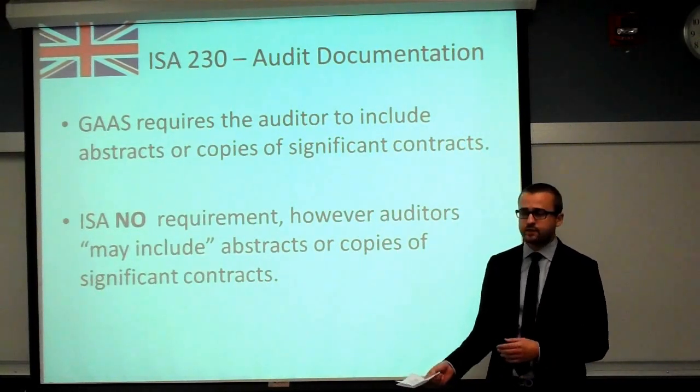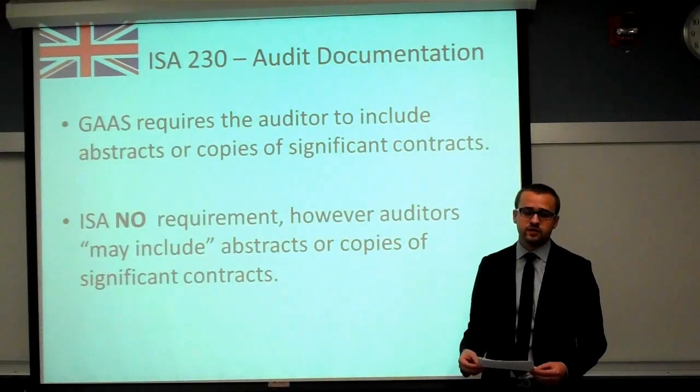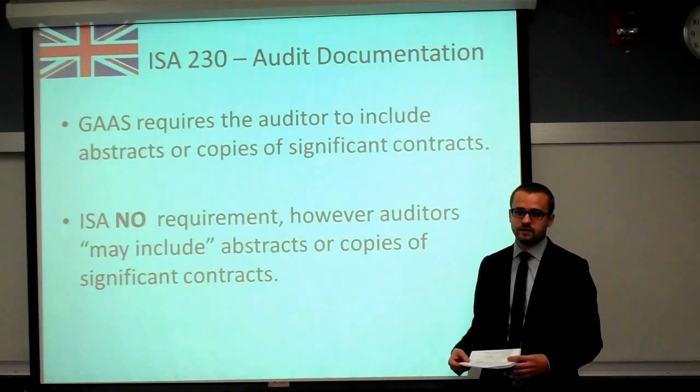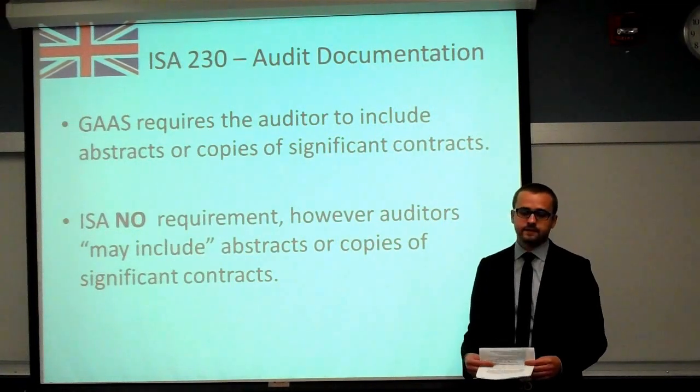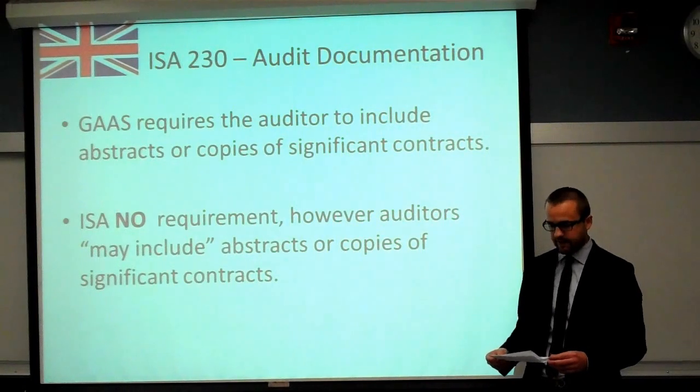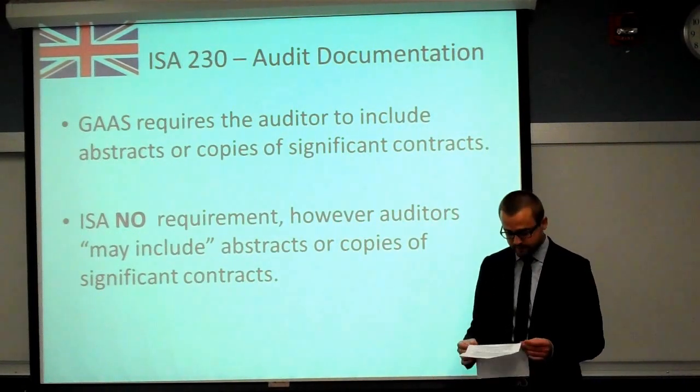So there are some similarities between the International Standards on Auditing and US GAAS, but obviously the ISAs put a lot of emphasis on professional judgment, and they are not rule-based.